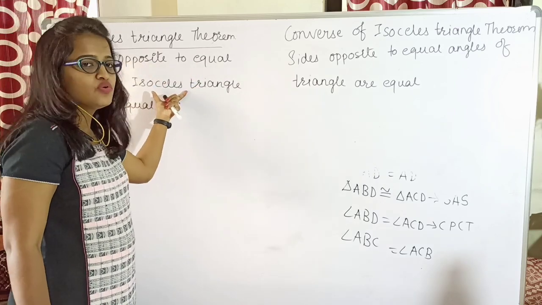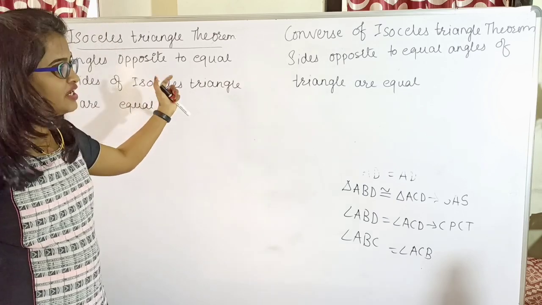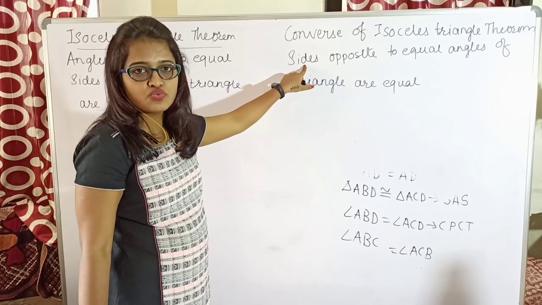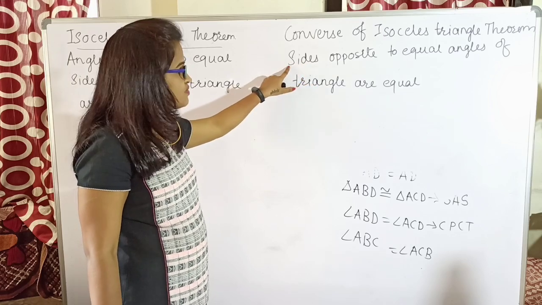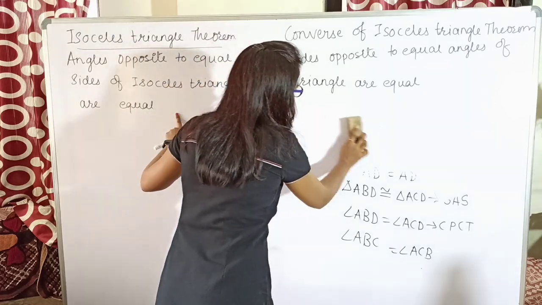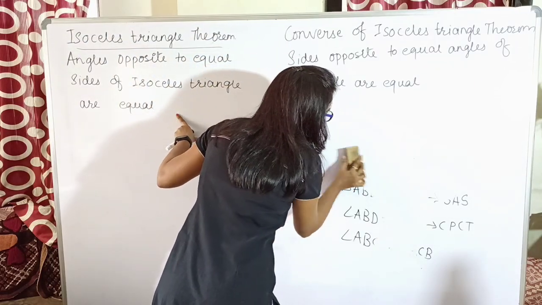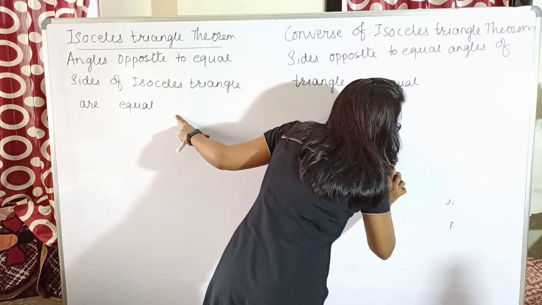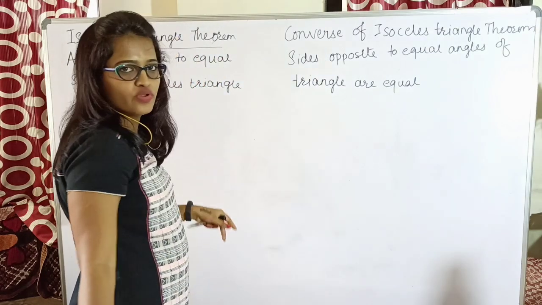So in the theorem the word isosceles has been used, but here in the converse they are not making use of the word isosceles. Why? Because just by saying that the angles are equal, we cannot say whether the triangle is isosceles or not. Yes, a triangle is said to be isosceles only if the two sides are equal.